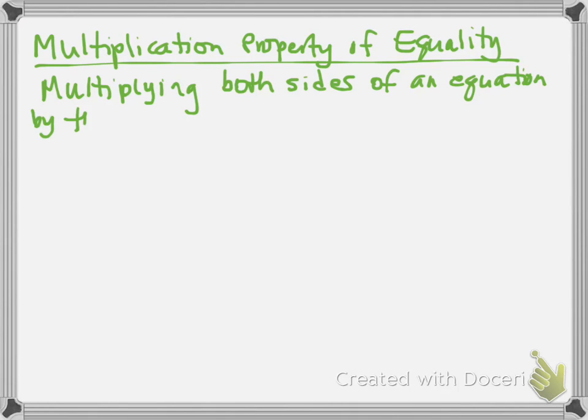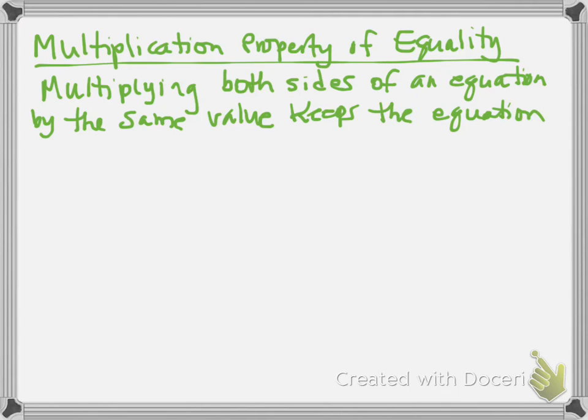by the same value keeps the equation balanced. In other words, you haven't changed the value of the equation, it's still the same value. Keeps the equation balanced. So again, we have rational numbers, and remember rational is all the kinds.